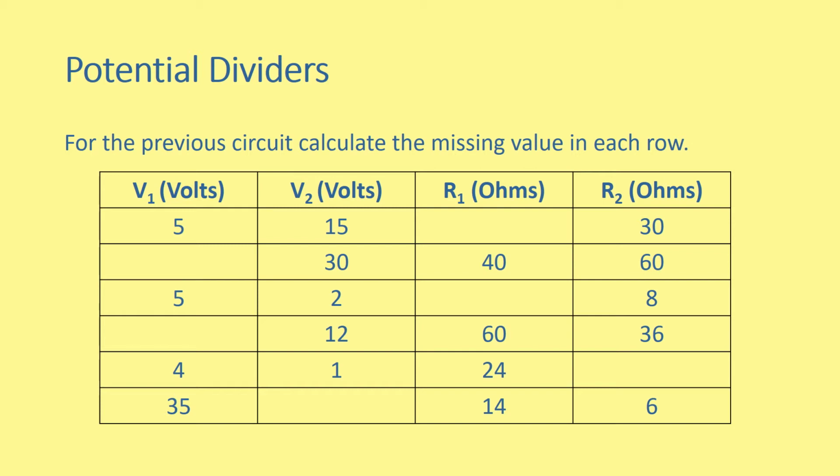This set of questions will help test our ability to use the equation V1 over V2 is equal to R1 over R2 to calculate any of the missing variables. You can take a moment now, pause the video, and see if you can do the calculations yourself. Answers will follow.